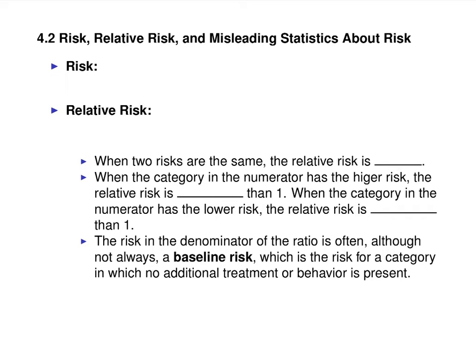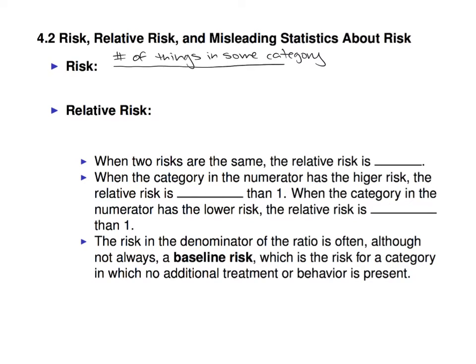So risk is calculated by finding the number of people in some category, or number of things that could, because not all studies talk about people, number of things in some category, and then dividing by the total number you have in your group.